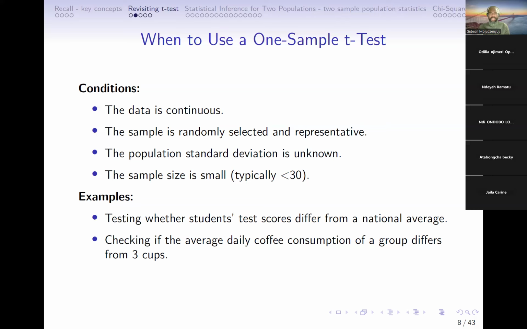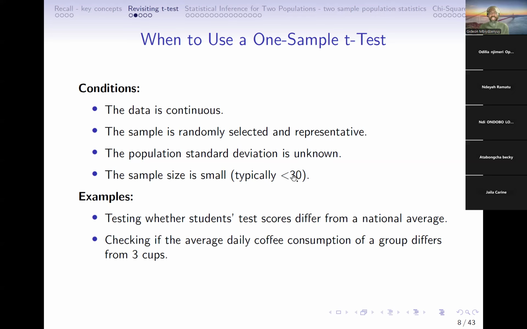The population standard deviation is unknown. You can verify that as well if you have no way of knowing this population standard deviation, at least if you're the one stating and solving the problem. You use the information you have. Maybe you don't know that, or if you're given a problem, you can also look at the description of the problem to see whether you know the population standard deviation or not.